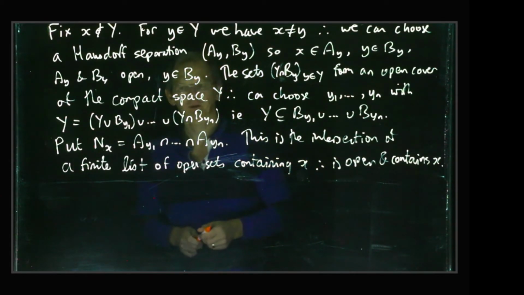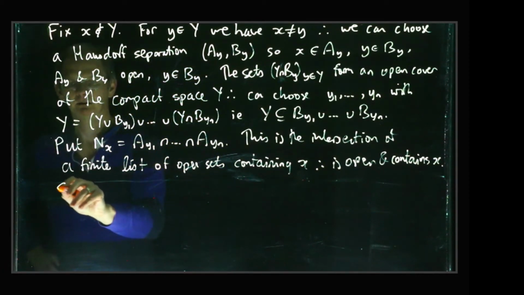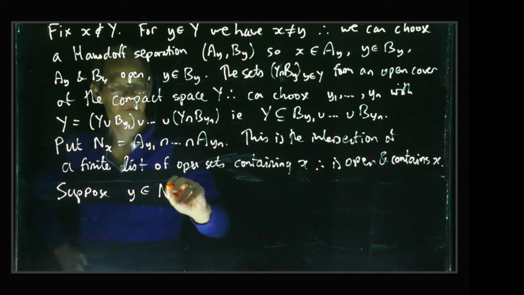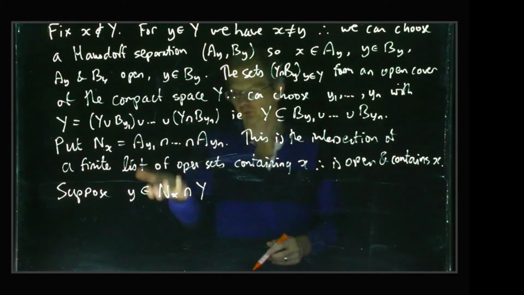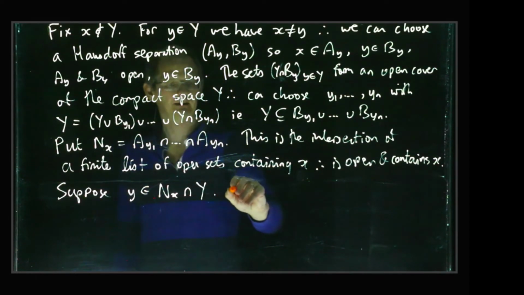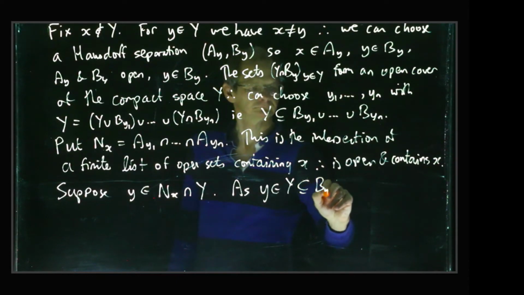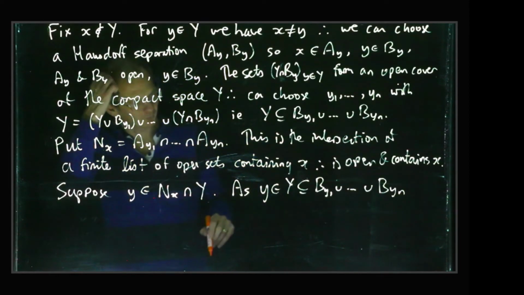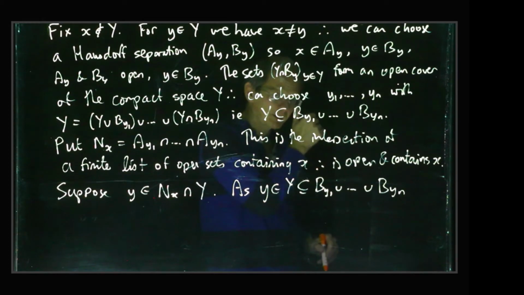Okay, so how do we check the intersection of Nx and Y? We want to prove that Nx intersect Y is empty, so for a contradiction we're going to suppose we've got some point y in it. But remember, y by assumption lies in the capital Y, which was contained in the union of these By's.